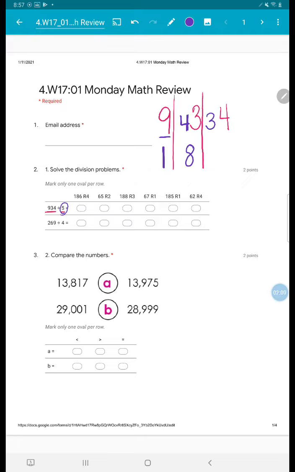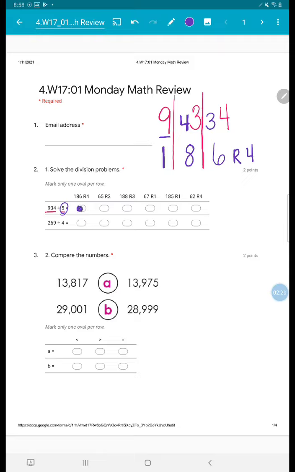And if I divide 34 things into 5 equal groups, I know that 6 times 5 is 30. So I could give each one of my groups 6, and I would have 4 left over. So my answer is 186, remainder 4.